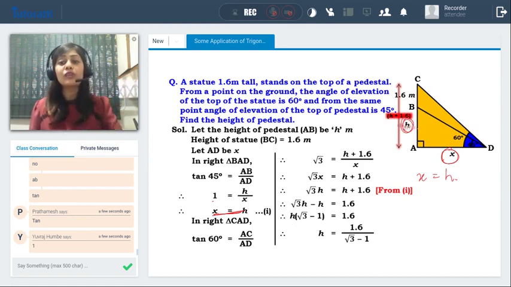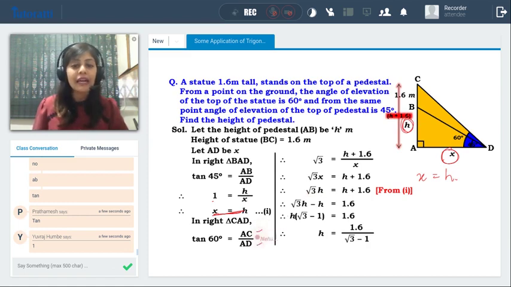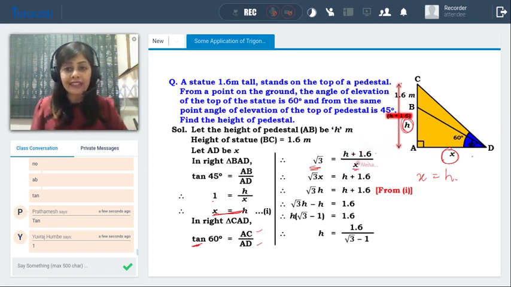What you need to find is a part of AC, so your ratio has to be AC upon AD. Again, it's opposite upon adjacent, so you need the tan ratio. This time tan 60 is root 3. Root 3 is, look at what we have, AC is H plus 1.6, so H plus 1.6 upon AD, which is X.